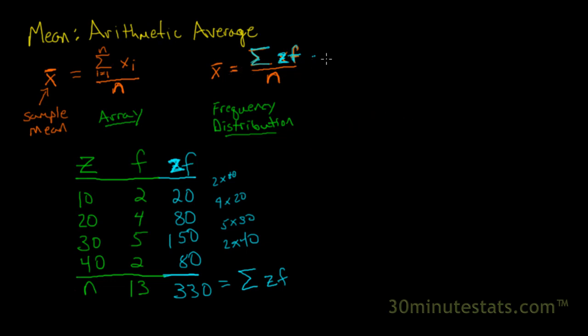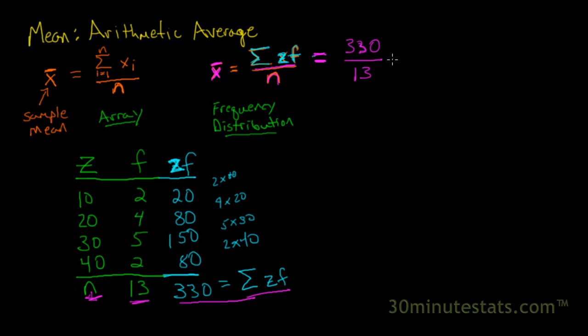If we start with our formula here, we've got the mean, the sample mean, x bar, is equal to the sum of z times f divided by our sample size. So the sum of z times f is going to be 330 divided by, and then our sample size is 13.